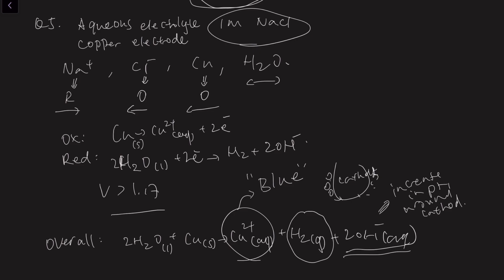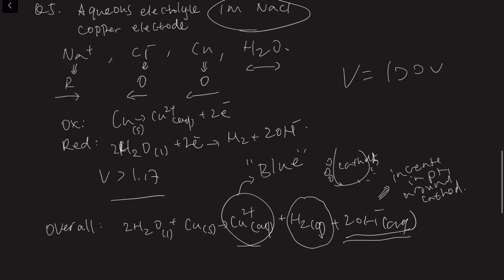And if you get any other observations or anything unexpected, maybe there is some side reaction occurring. Perhaps you are overpotentialling the cell. If the voltage is 100 volts, maybe sodium ion can actually undergo reduction to become sodium metal, and the chloride ion would actually undergo oxidation to become chlorine gas.